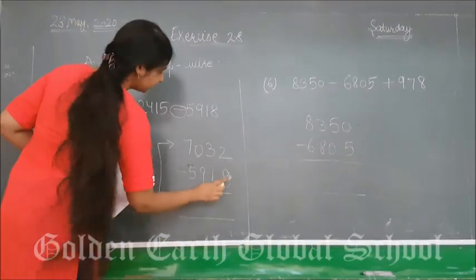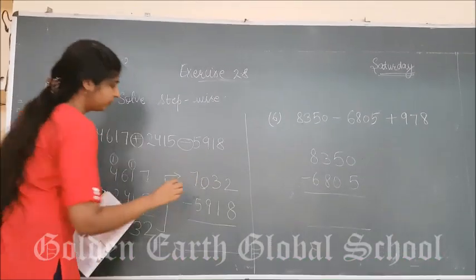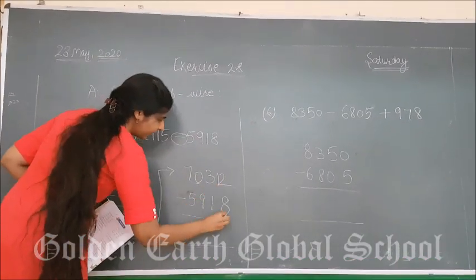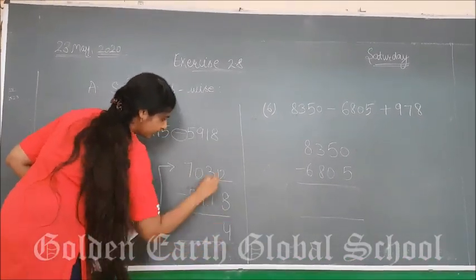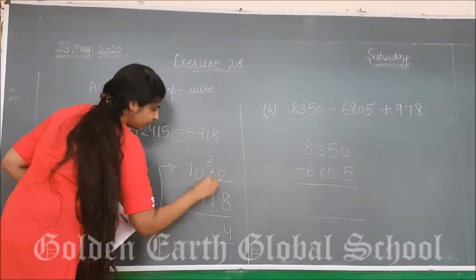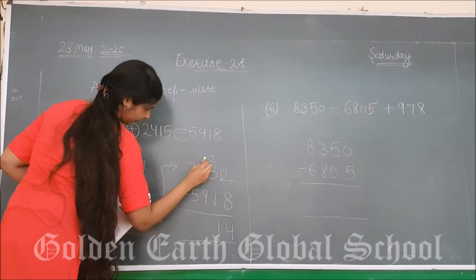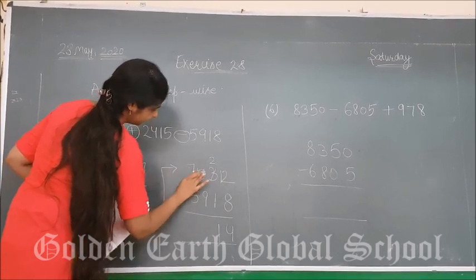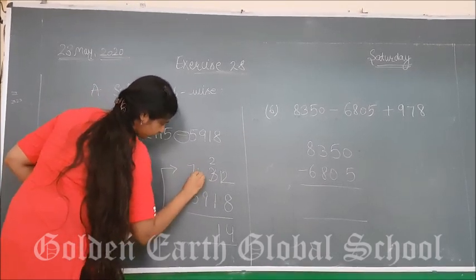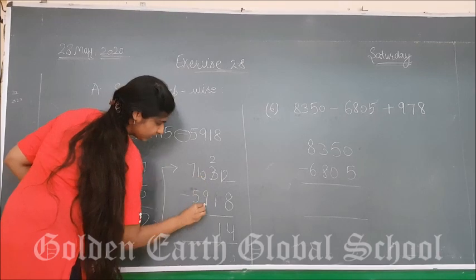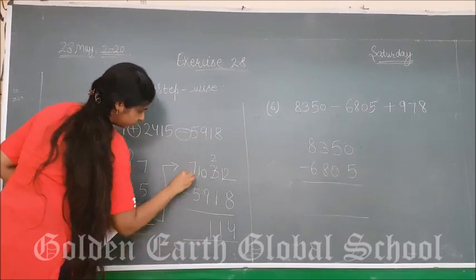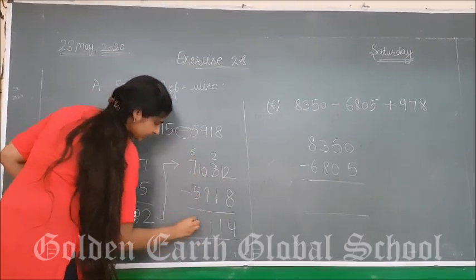2 minus 8 क्या बना देंगे 2 का? 12. 12 minus 8 is 4. Carry. 2 minus 1 is 1. यहाँ पे what we will do? 10. 10 minus 9 is 1. 6 minus 5 is 1.